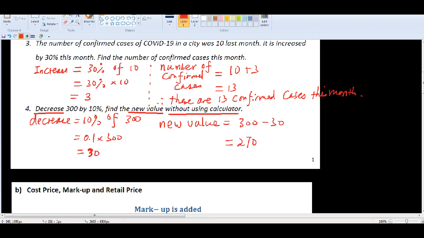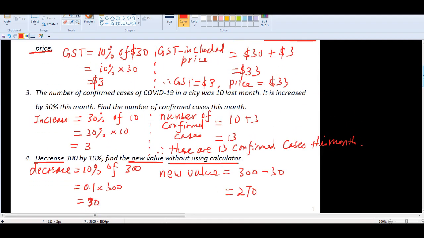Because 10% of 300, just remember just 0.1 times 300. You just remove one 0 from the 300, becomes 30. So new value, because it's a decrease, you need to have that 300 taken away by 30, right? So it becomes 270, right? Okay, so that's our previous knowledge as a consolidation.